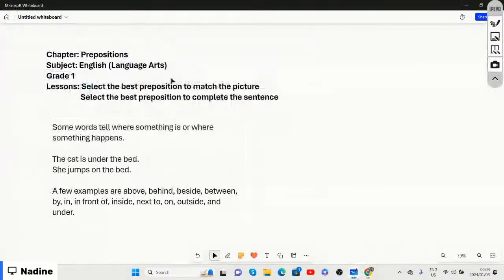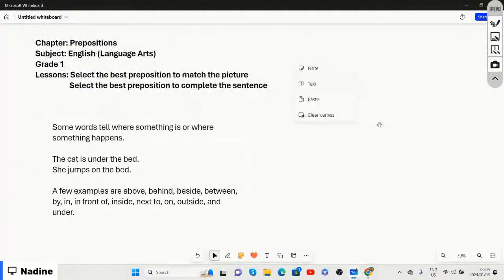All right, so our chapter is prepositions. Our subject is English, which is language arts, grade 1. The lessons that we are going to be focusing on today under the chapter of prepositions are to select the best preposition to match the picture, and then to select the best preposition to complete the sentence.